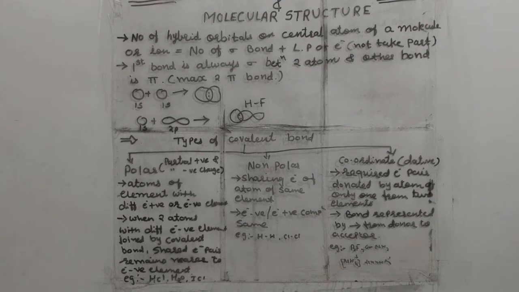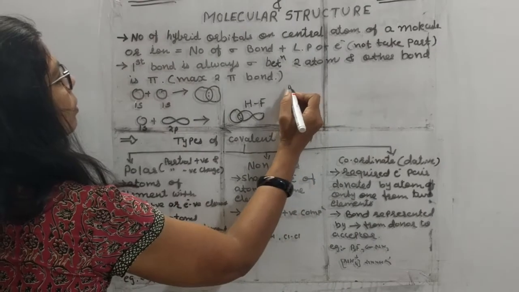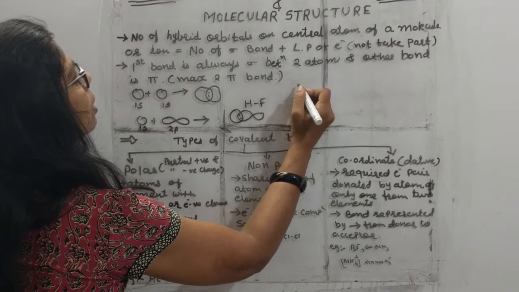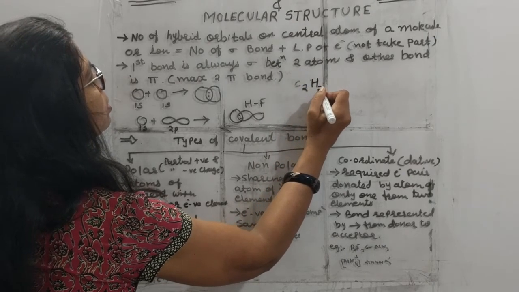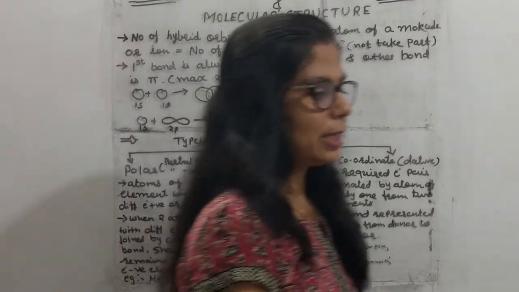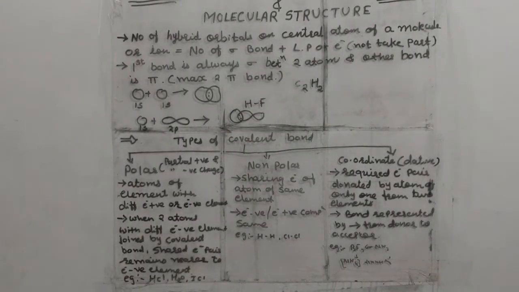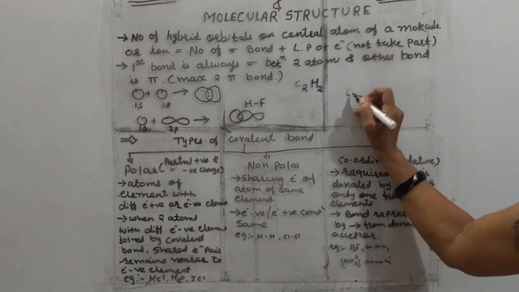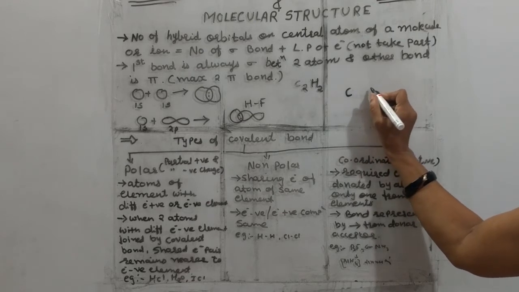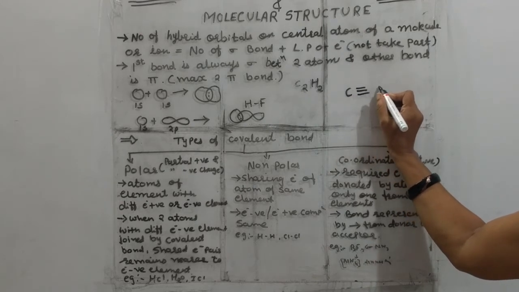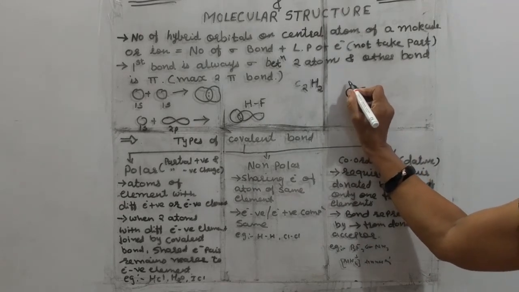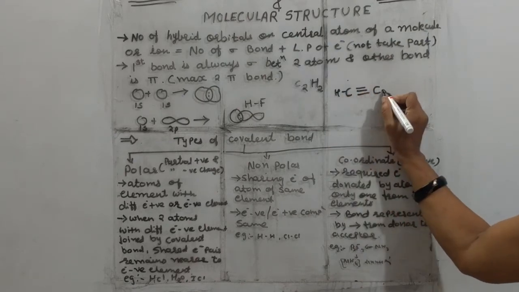In the same way, we'll take one more example, C2H2, carbon triple bond carbon, with hydrogens.